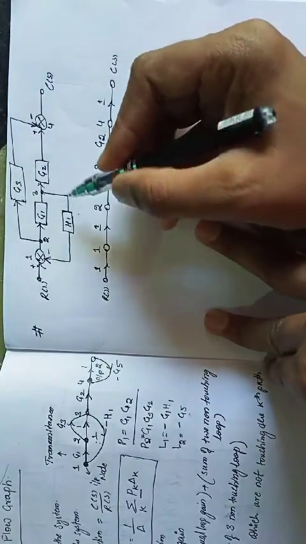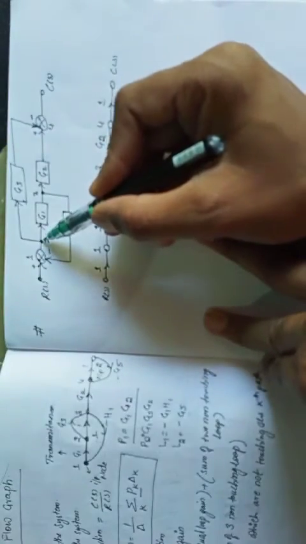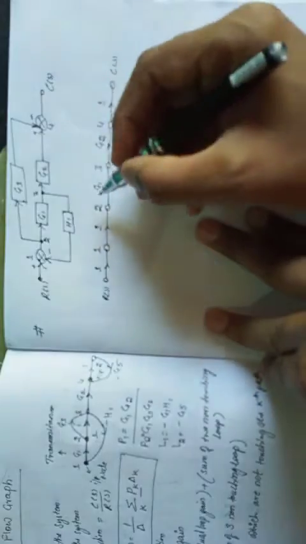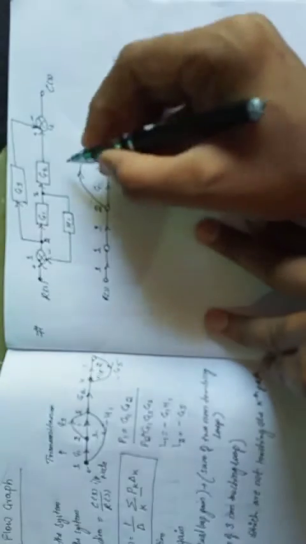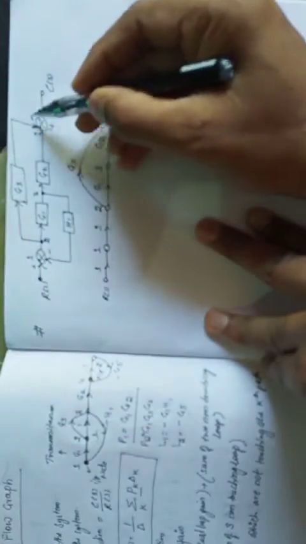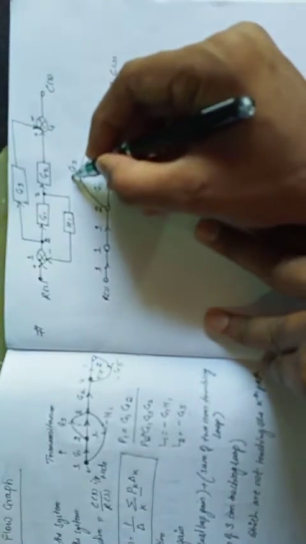Now the next is from 2 to 4. From 2 to 4, there is a gain G3, that I am representing like this. Because here the sign is negative, this becomes minus G3.